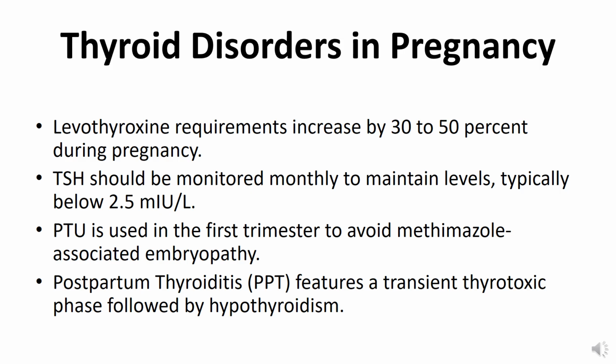Initially, inflammation damages thyroid follicular cells and causes leakage of preformed thyroid hormones into circulation. This creates a transient thyrotoxic phase with symptoms such as palpitations, anxiety, and heat intolerance. Because the gland is leaking stored hormone rather than actively overproducing it, this phase is usually temporary.